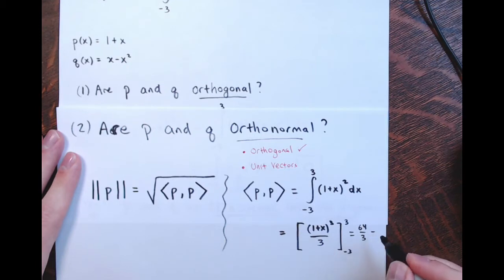Then subtract the value at -3: 1 plus -3 would be -2, cubed would be -8 thirds, so it would be plus 8 thirds.